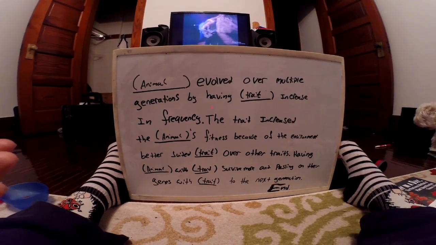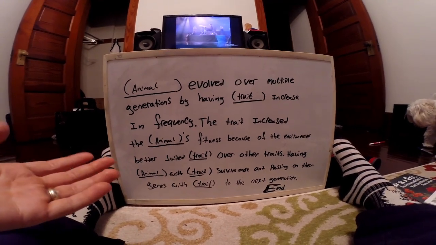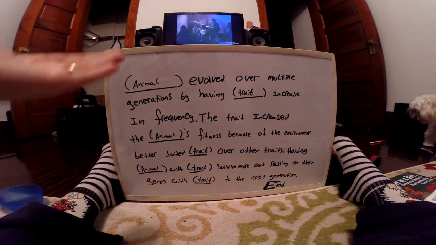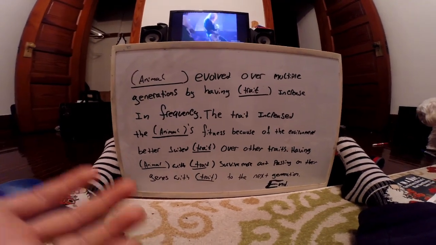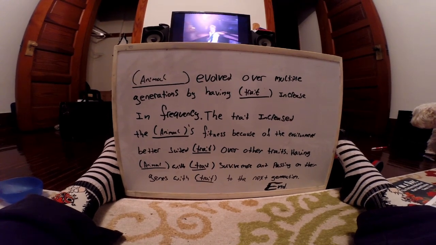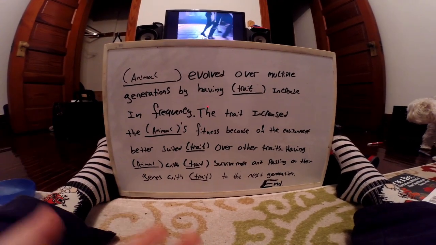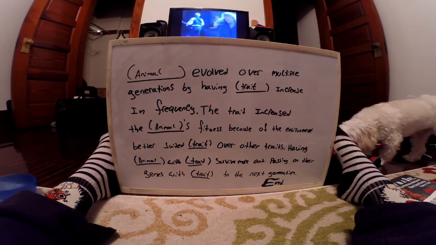So for your assignment today, it's really simple. All you have to do is submit this with your own choosing of animals and traits. After you do this, I will forever know that you understand how evolution happens. So, whatever animal you chose evolved over multiple generations by having whatever trait you chose increase in frequency.